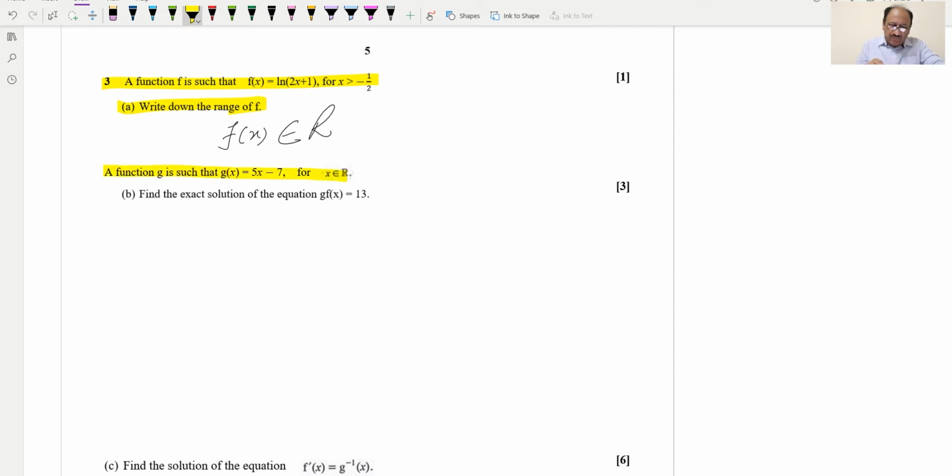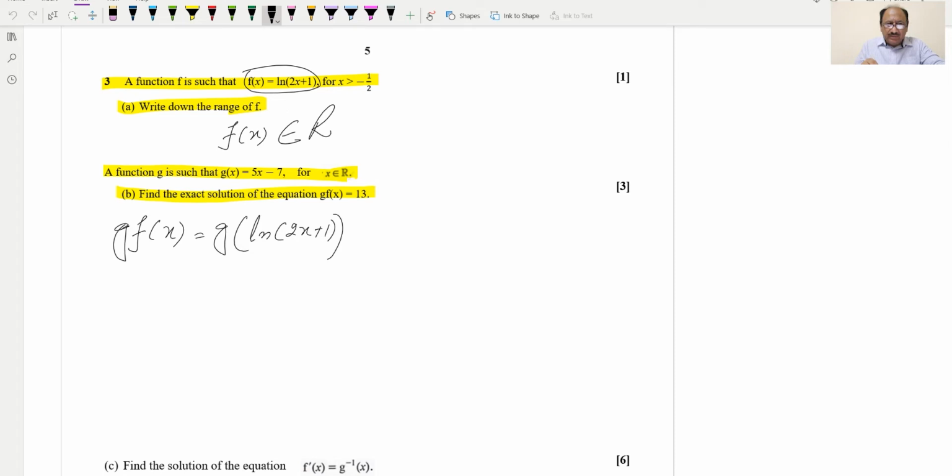The next B part says a function g of x is such that g of x is defined for x belongs to R. B part, find the exact solution of the equation g of f of x is equal to 13. So we will be finding g of f of x, and we can rewrite it as this. We will replace f of x with log of 2x plus 1, and this will be g of x.